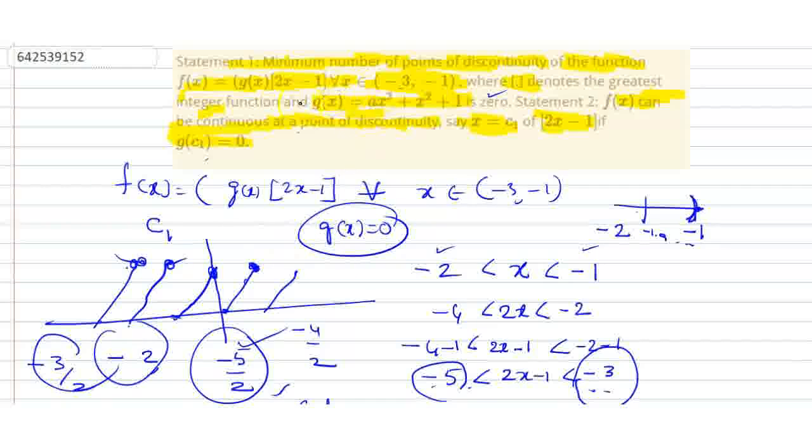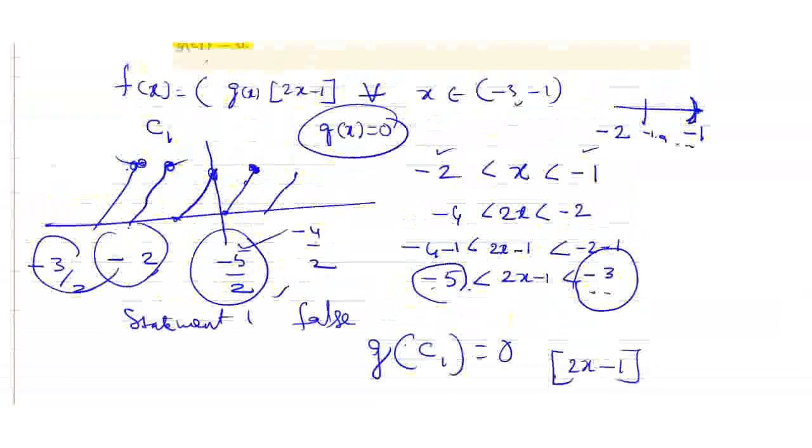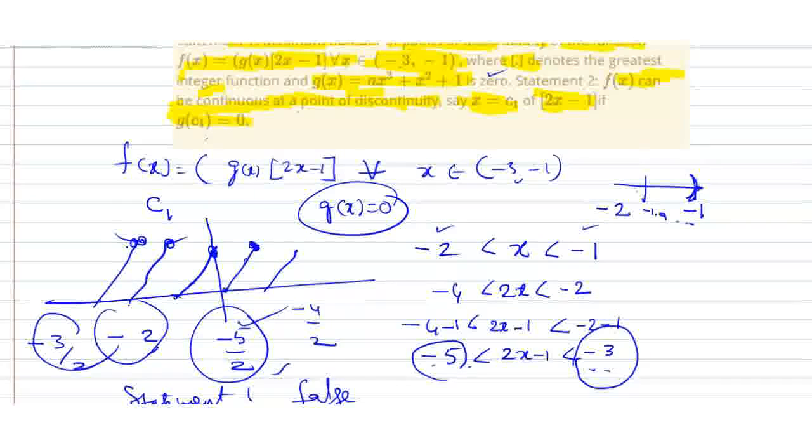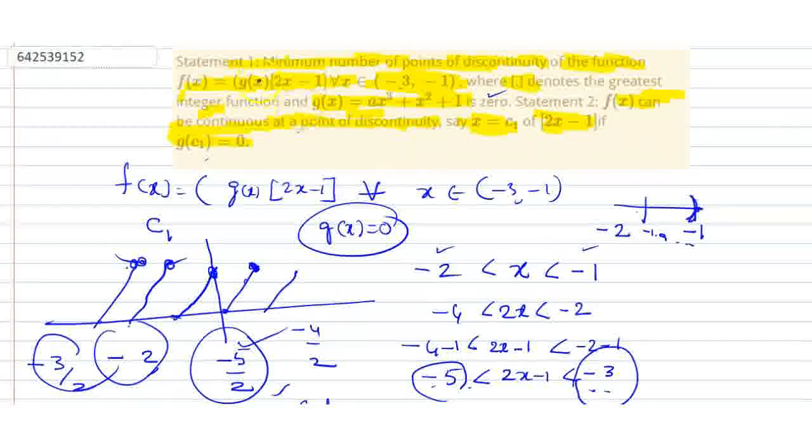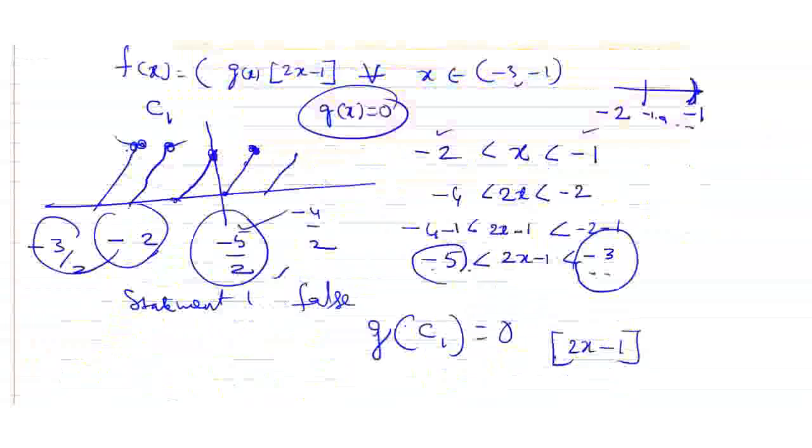So this function is gx into this, and we can easily make it continuous by finding one value of c1 which will make fx into the greatest integer function of 2x minus 1 equal to 0. So statement 2 we can make it.